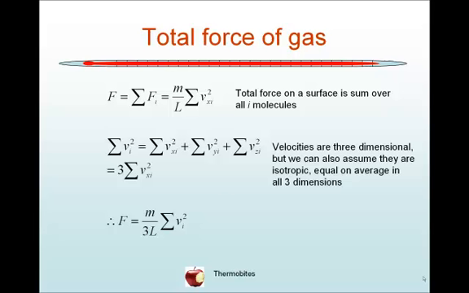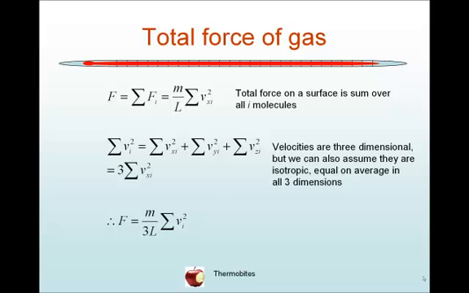But we actually have a three-dimensional gas, and so there are gas molecules moving in the x direction, the y direction, and the z direction, and so the sum of all the vi all squareds is equal to the sum of the squareds of the velocities in each direction. But we're going to assume that the gas is isotropic, which is to say that the sum of all the velocities is the same in each direction.